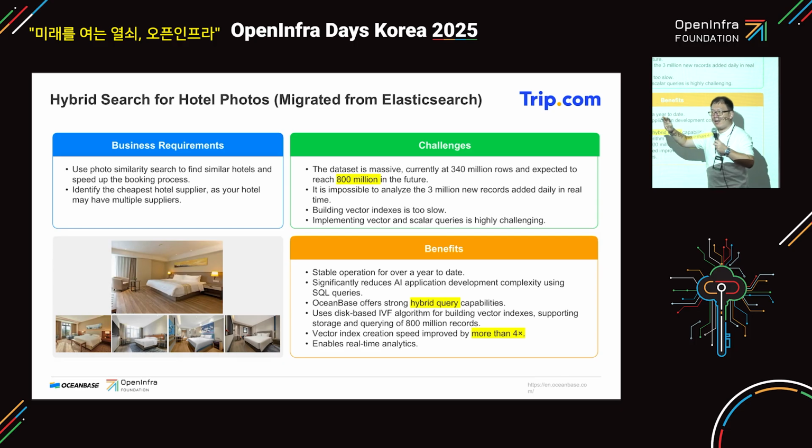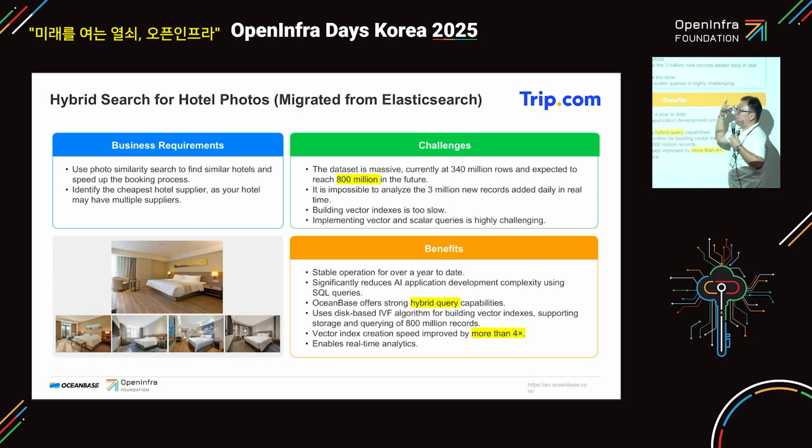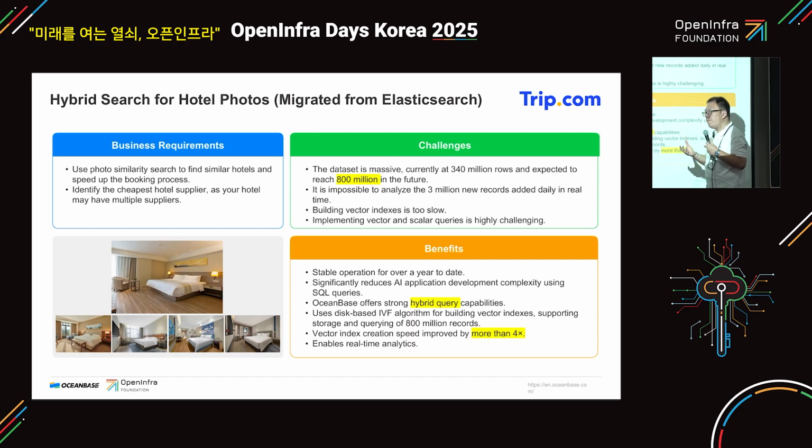But in the process, they were facing many challenges. The first one, the data set is massive, real-time analysis is impossible, and building the vector index is too slow. And the customer wants to perform hybrid queries in the database.